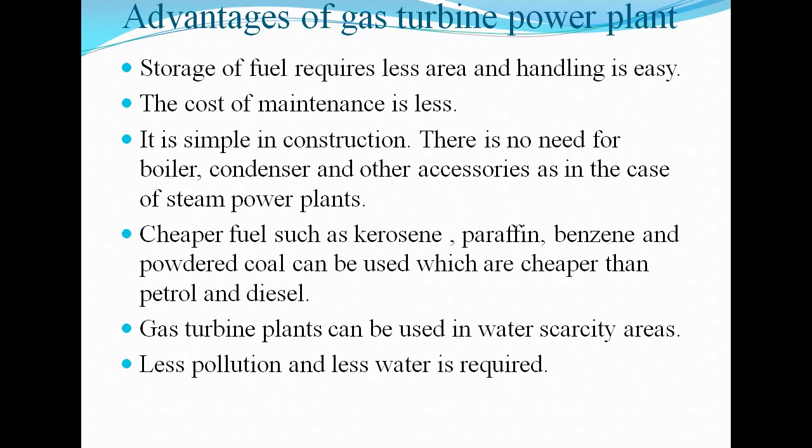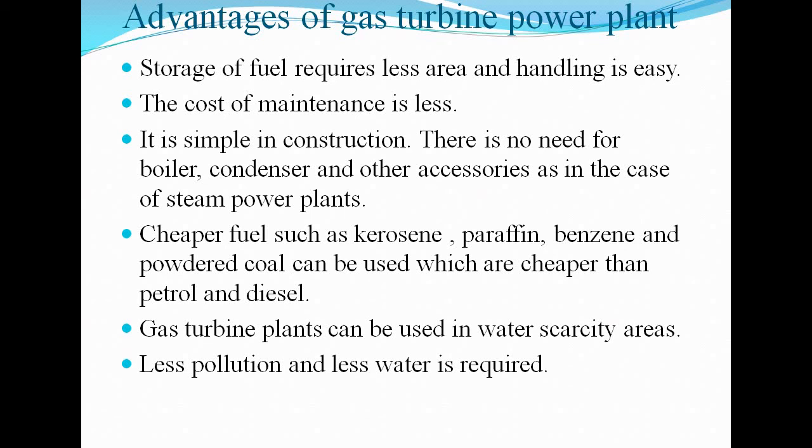Then cheaper fuels such as kerosene, paraffin, benzene and powdered coal can be used, which are cheaper than petrol and diesel. That is the biggest advantage of a gas turbine power plant.